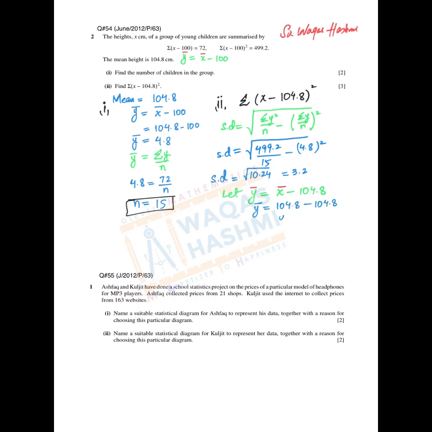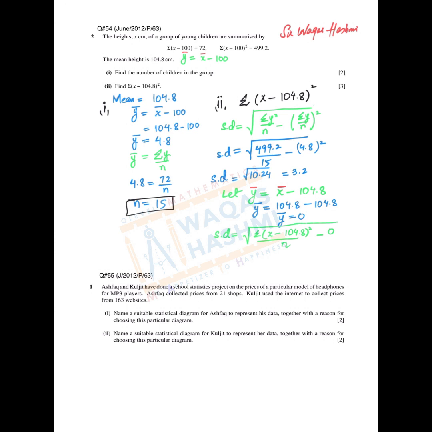So for this part, the value of y bar is equal to 0. We can apply the working formula for standard deviation. This time SD is under root of summation of (x minus 104.8) whole square divided by n, minus the mean of y, which is 0, as we found.